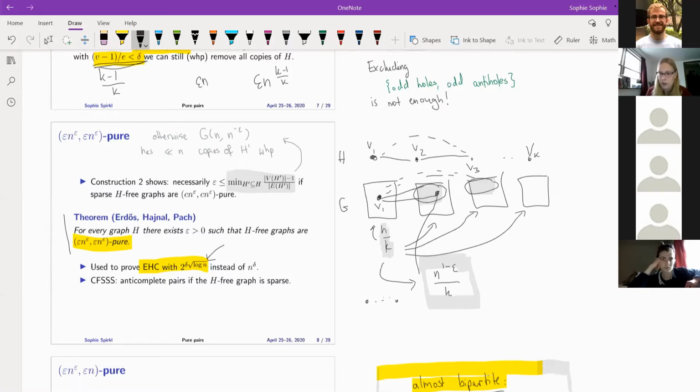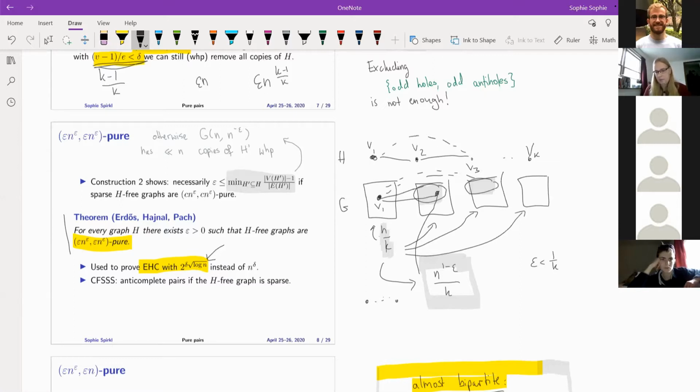Because then if you choose epsilon to be less than 1 over k, that means that when you're choosing Vk, there's still a candidate left over, which is all you want. So if in each step we can pick our vertex to have lots of neighbors where you're supposed to have neighbors, and lots of non-neighbors where you're supposed to have non-neighbors, as long as we can always pick a vertex that doesn't reduce the number of candidates too much, we're going to be able to find H.